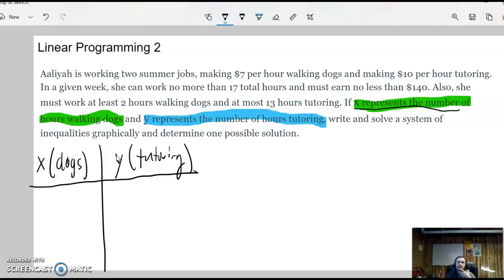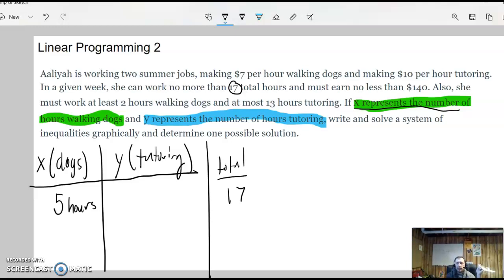So I like to say, all right, dogs and tutoring, let's say I'm going to walk dogs 5 hours. Then, if I walk dogs 5 hours, is there anything here that limits how many hours I can tutor? If I can only do 17 hours total, I need these two together to be a total of 17 hours.